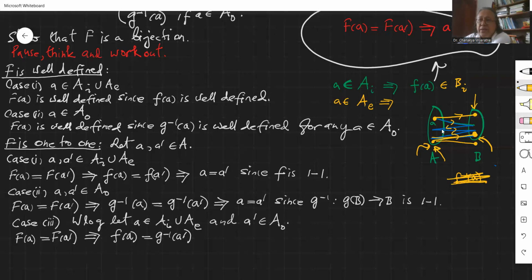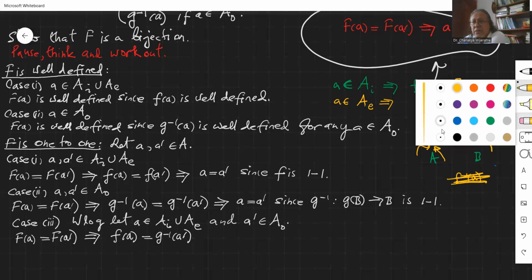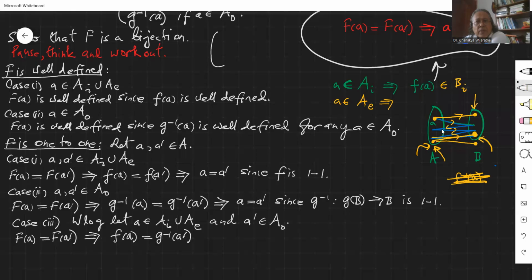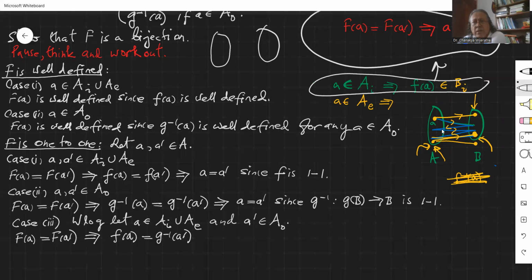Okay, let's do it again. I think this is clear, maybe I got you confused here. So if A belongs to AE, that means you have this element in A, and this goes like this and stops here, because it has an even number of ancestors.